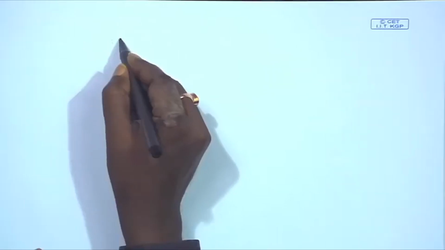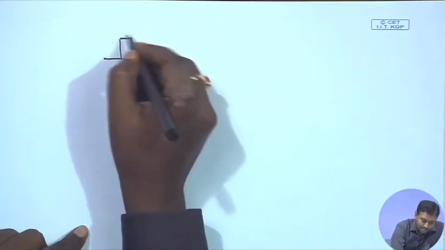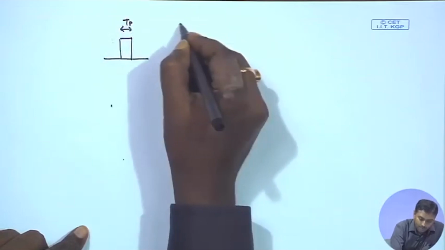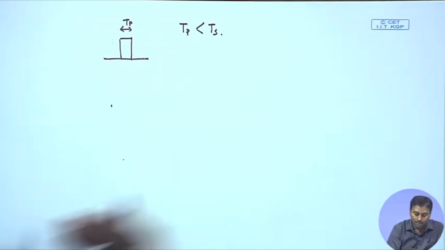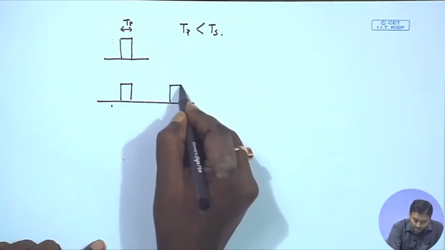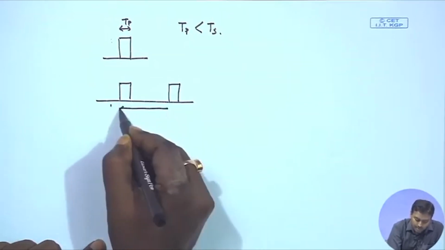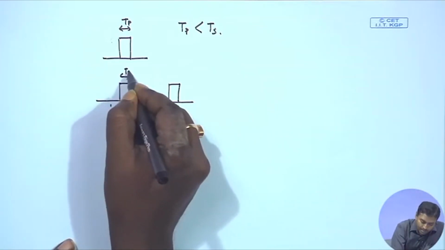So let us try to employ these things for a practical scenario. Of course, I cannot generate an impulse, but I can always generate a pulse of finite duration. Let us say the duration of this pulse is T p, where of course T p must be less than T s. Whenever I construct a pulse train, this is the pulse and this is the next pulse. Between these two pulses the difference is T s, which is the sampling interval, and this is T p.